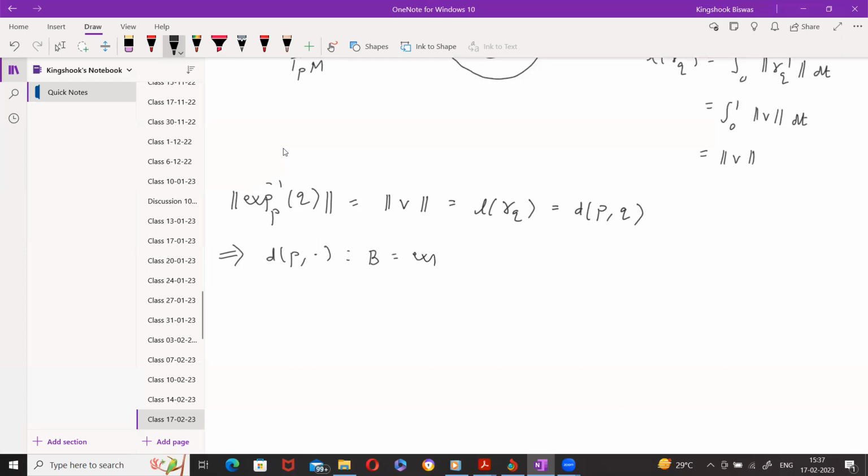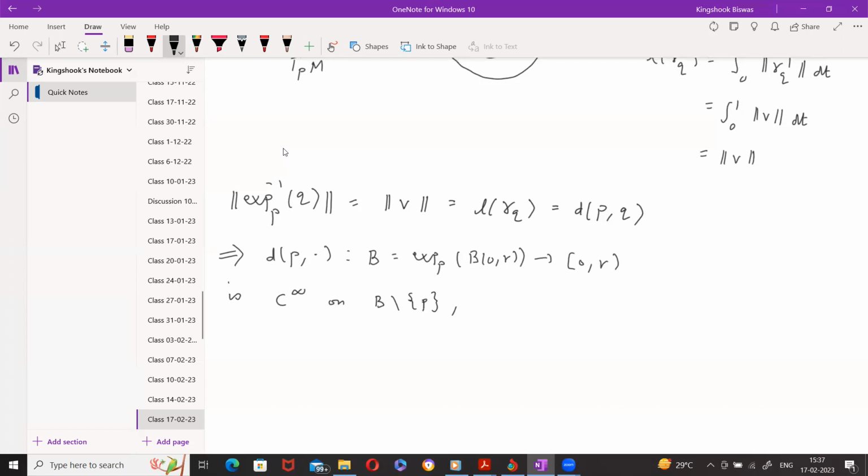This is x_p of B(0,R). So this takes values in (0,R). This is C infinity on B minus the point P.